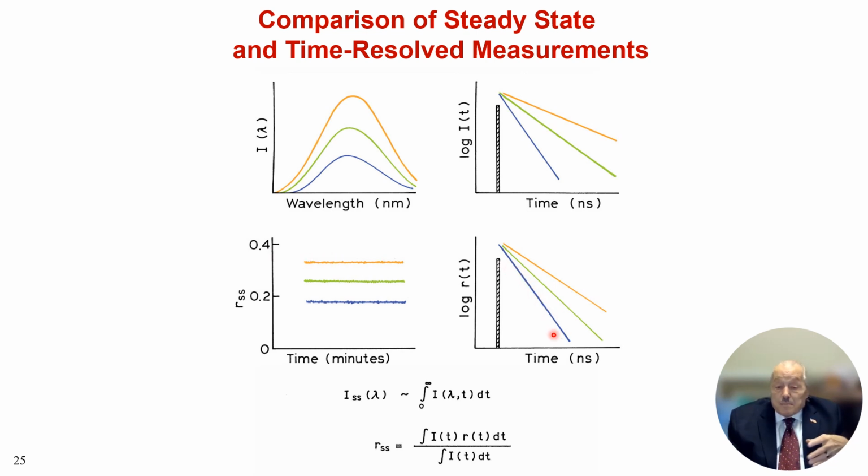If the anisotropy decay is faster, then the steady state anisotropy will be lower. And that's, of course, related by the integrals over the time of the intensity decay, or the intensity weighted integral of the intensity weighted anisotropies.